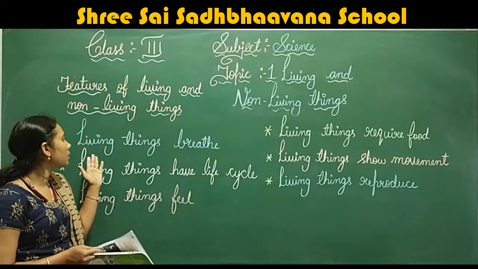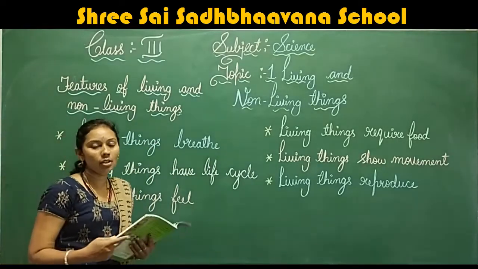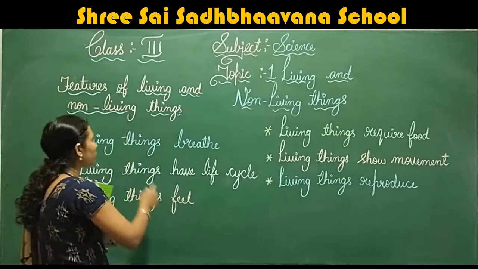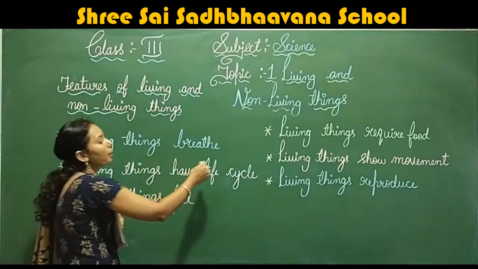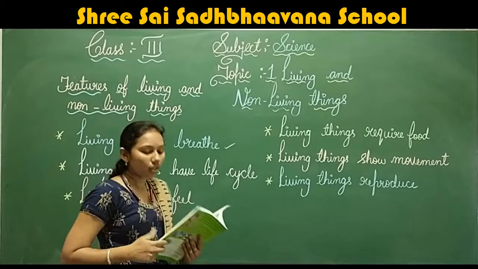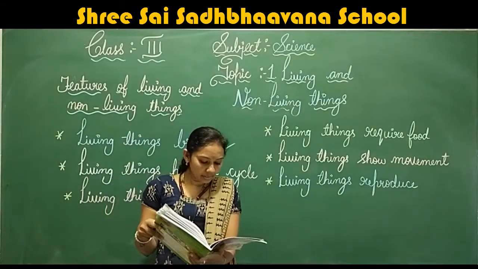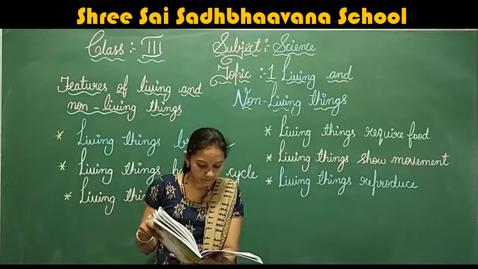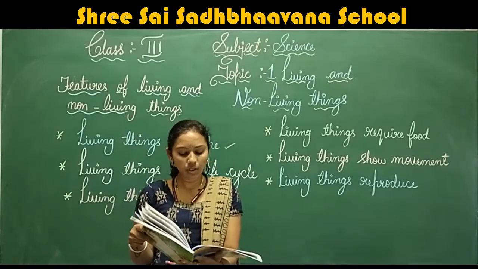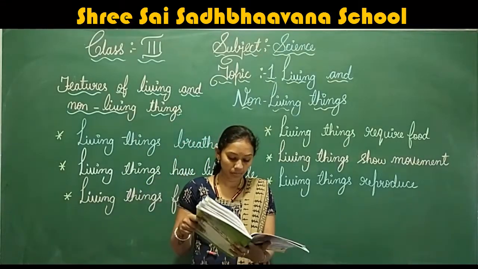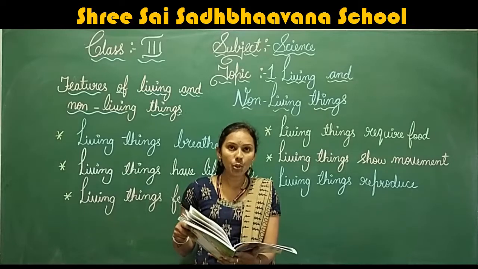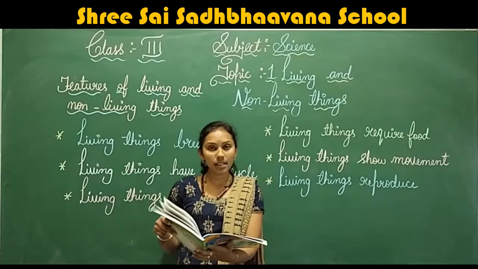The first feature is that living things breathe. Now we are going to discuss this feature. All living things need air to breathe in oxygen and breathe out carbon dioxide. They use nose, mouth, and lungs to breathe.